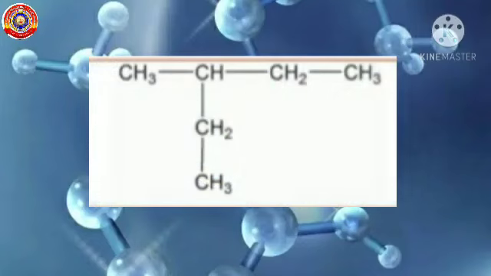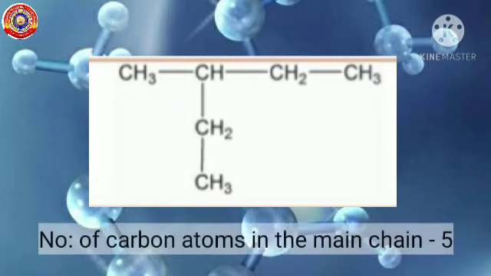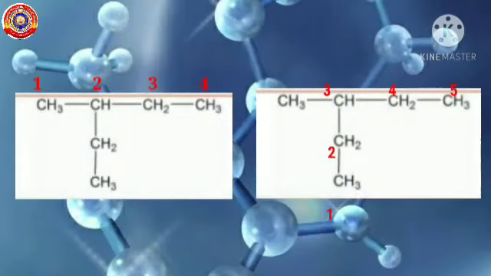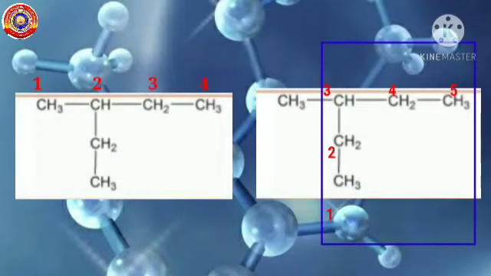How many carbon atoms are there in the main chain? I will say that it is 5. A little bit confused? Let us number the carbon in 2 ways. Didn't you see the 5 carbon atoms in the main chain? Therefore, the number of carbon atoms present in the longest chain is 5.